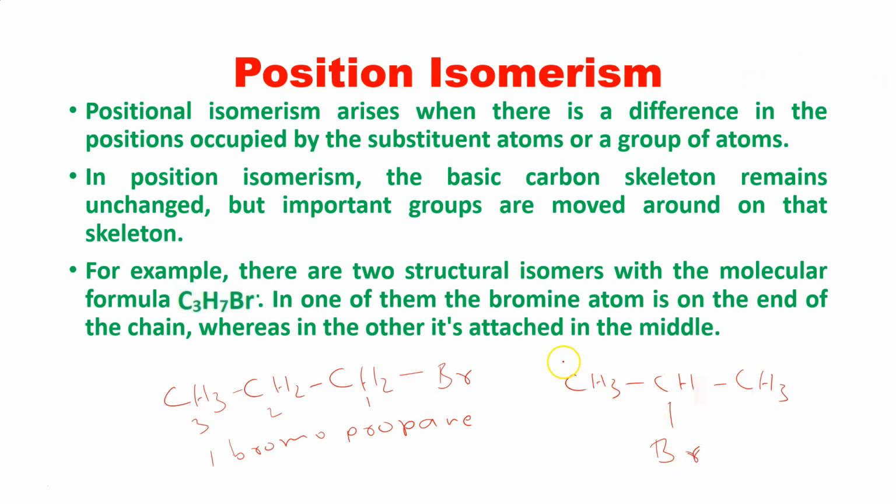The name of this structure is 2-bromopropane. The molecular formula is the same but the structures are different. Structures are different in what sense? In the sense of the position of this functional group, or we can say the position of the substituent atom is different.